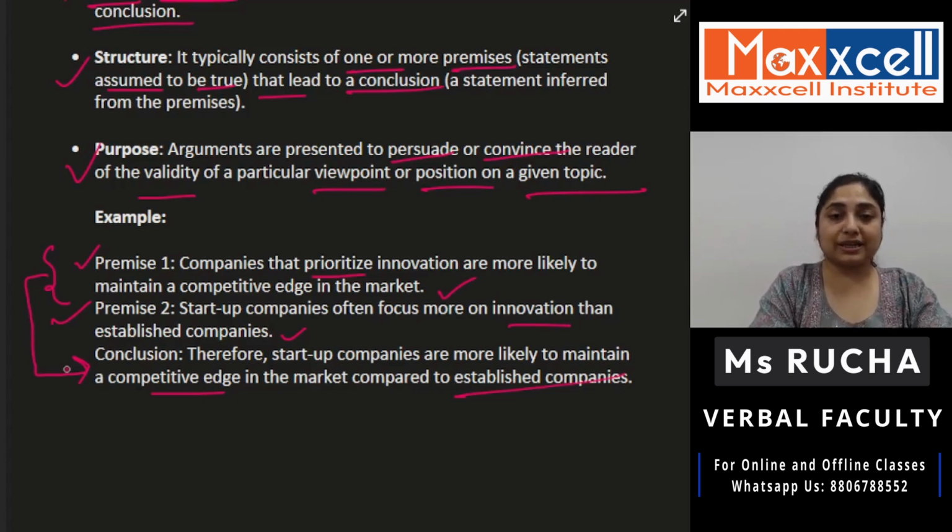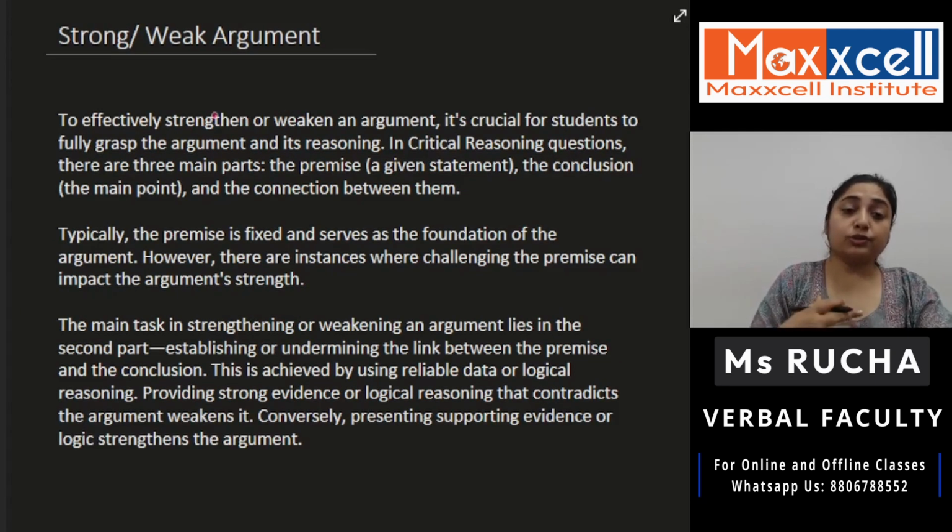Also, let us understand what is actually meant by strong and weak arguments. If you really want to strengthen or weaken an argument, what are the things that you can do? It is crucial to fully grasp the argument and its reasoning. Critical reasoning questions have three main parts. First is premise, which is basically the statements that are given, conclusion, which is the main point, and the connection between them.